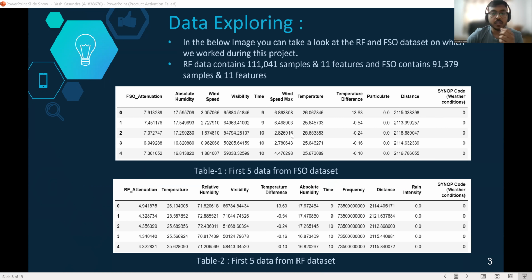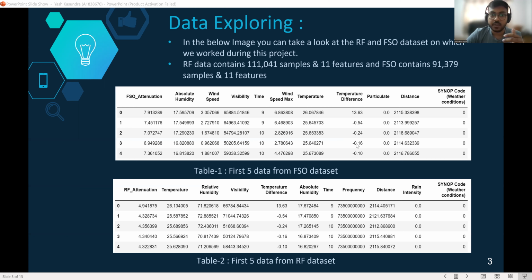Upon comparison, you might have noticed that some of the columns are different in these two data sets. The main reason for that is RF and FSO are both affected by different weather conditions.